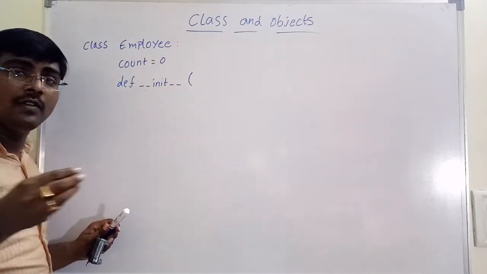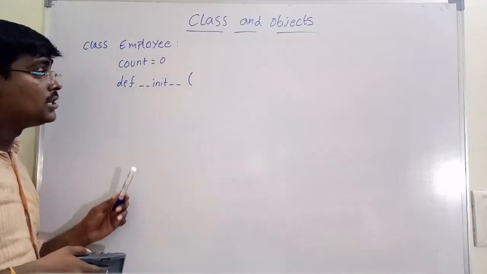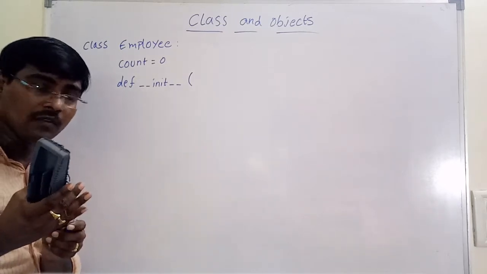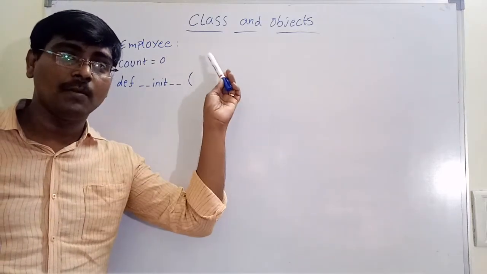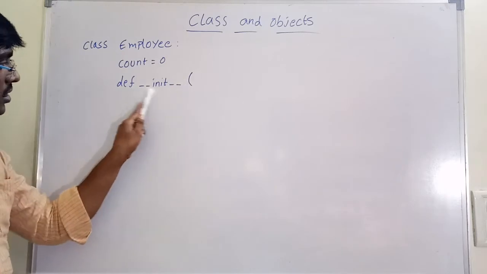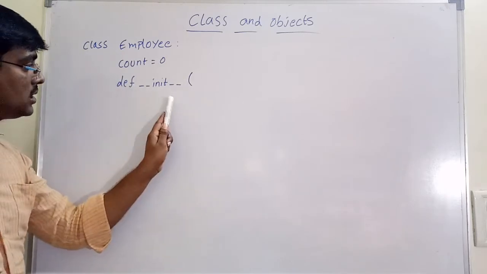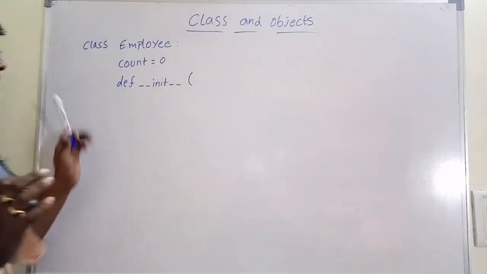Here __init__ is a constructor. Similar to Java, you know the concept of a constructor. In Java, the name of the constructor is the same as the class name, but in Python, the name of the constructor is this one. After completion of this concept, I will explain the concept of constructors.